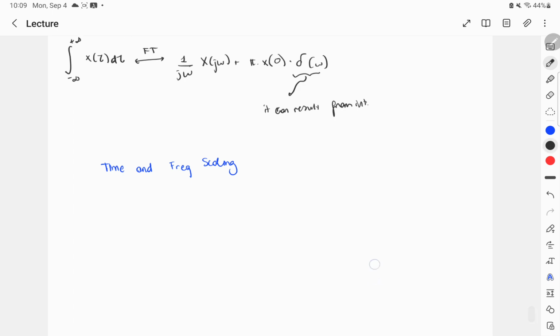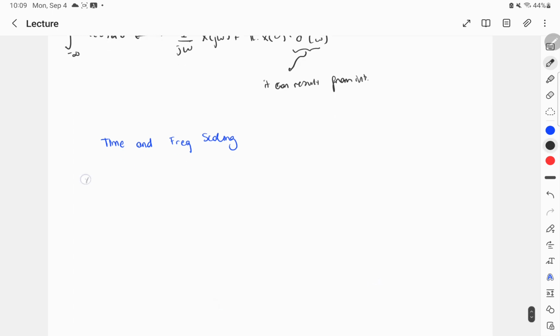And this one tells us that if function x of t has Fourier transform X of jw, then x of at has Fourier transform 1 over the absolute value of a, times X of jw over a.